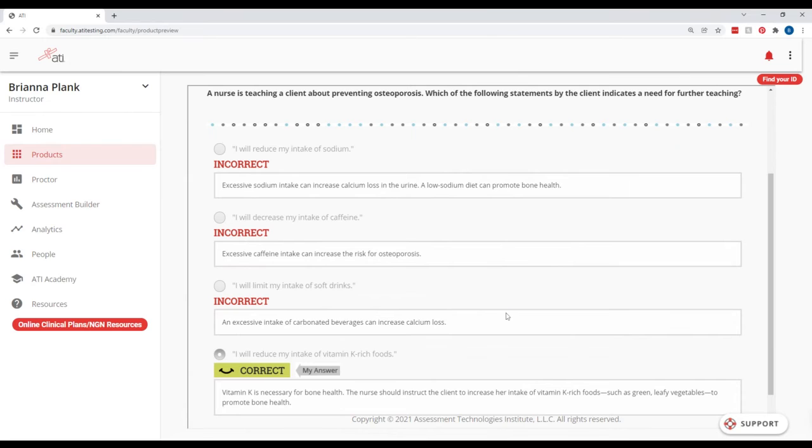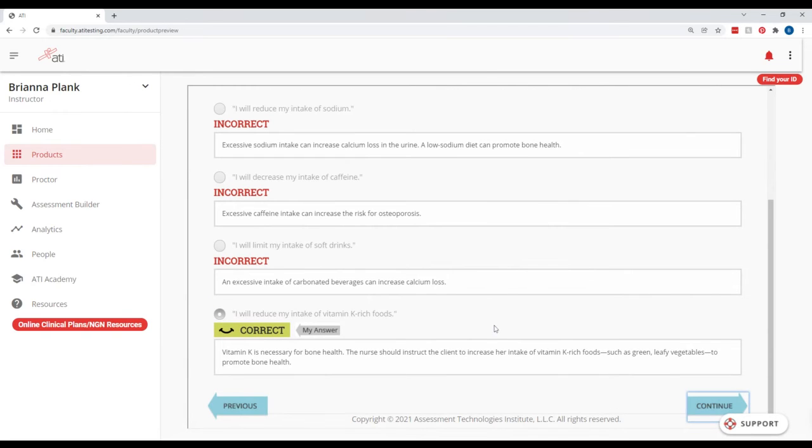This was a correct statement. I will reduce my intake. Okay, so we don't want them to do that. We want them to have a diet of vitamin K rich foods.